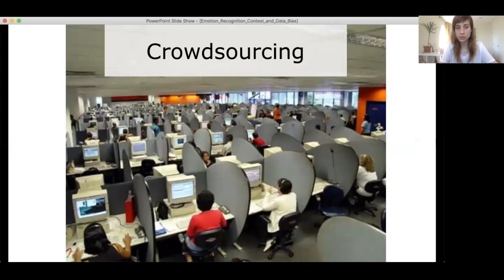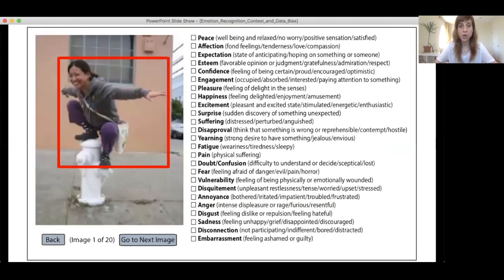So we designed two annotation interfaces, one for annotating discrete categories. This is the one for discrete categories. So you see the annotator can see the image and then all of these possible discrete categories, and the annotator needs to check which of these categories he or she sees in this image.